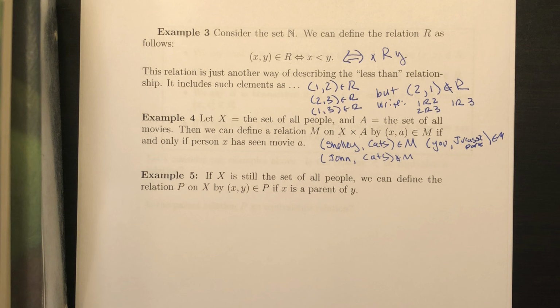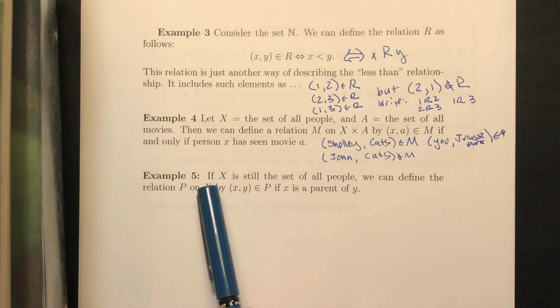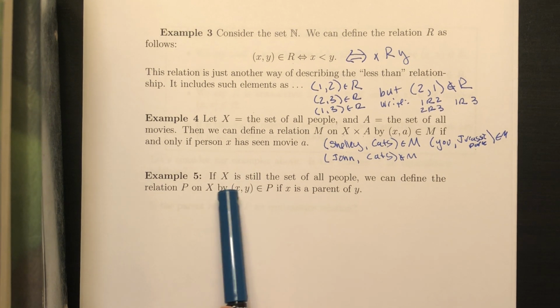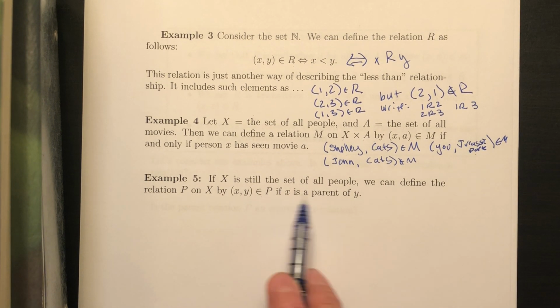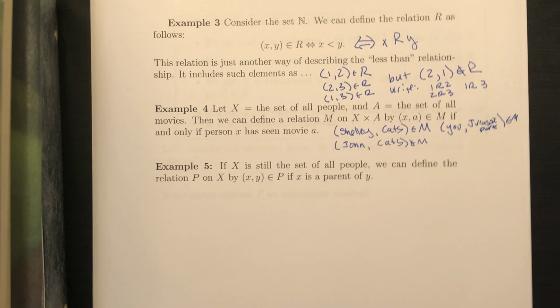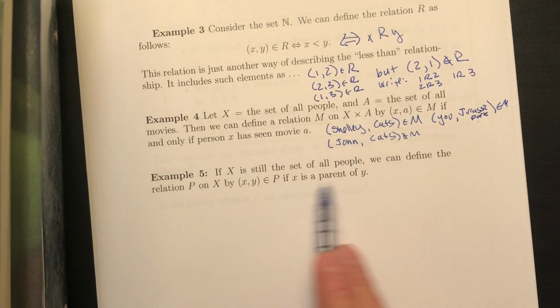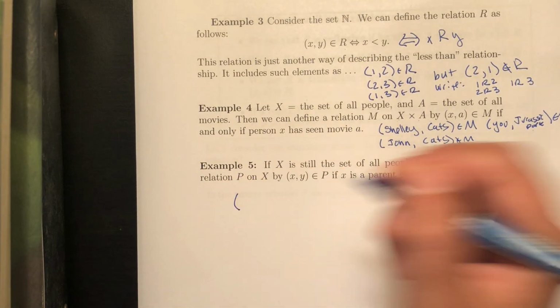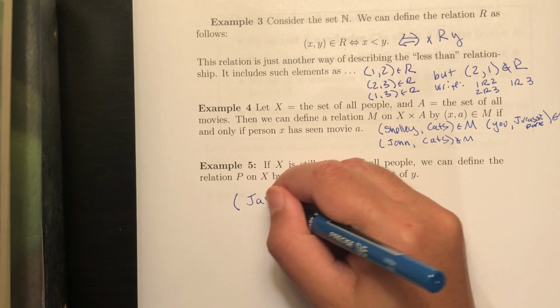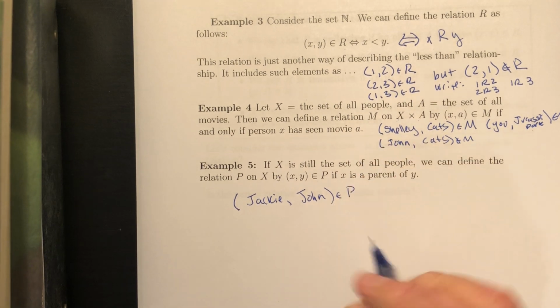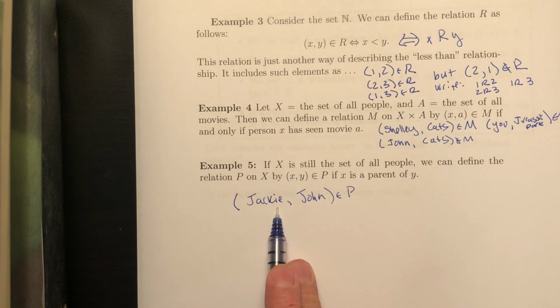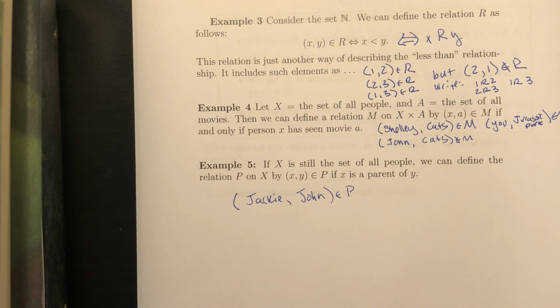Now let's look at example 5. If X is still the set of all people, we can define the relation P on X. P on X means our ordered pairs are going to be people and people, by saying that X comma Y is in P if X is a parent of Y. So I could say, I'm going to utilize my sister here, Jackie comma John satisfies this relation P because my sister Jackie is the parent of my nephew John.